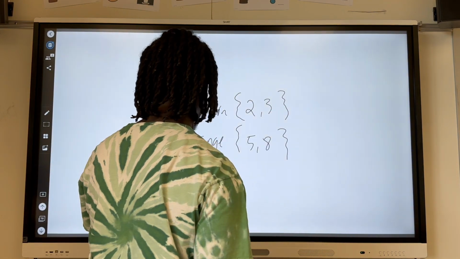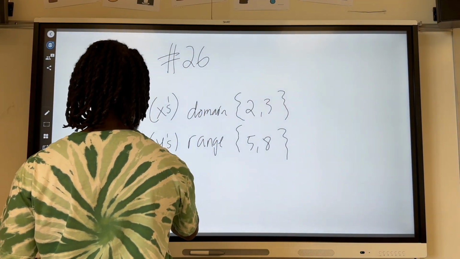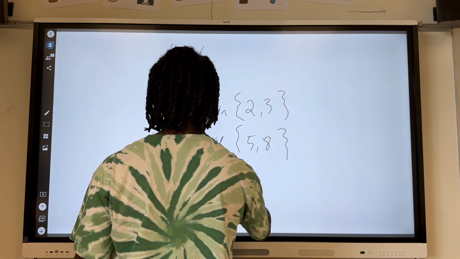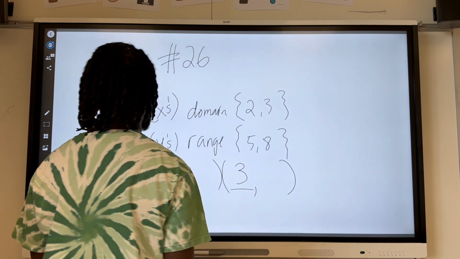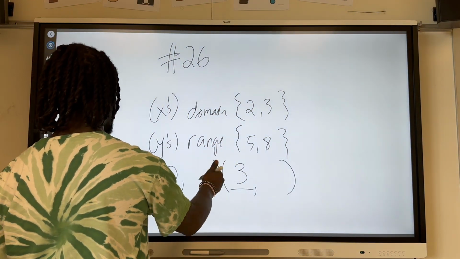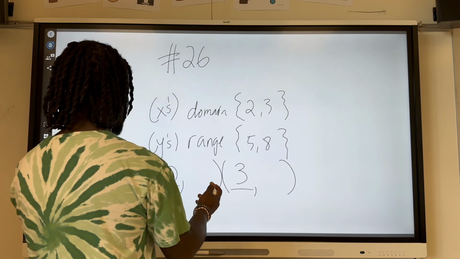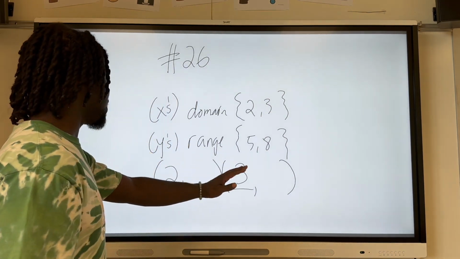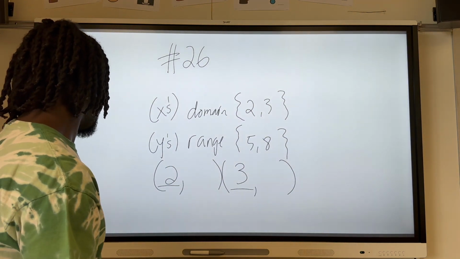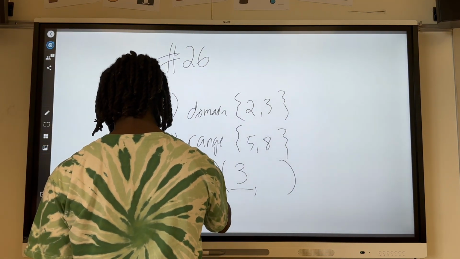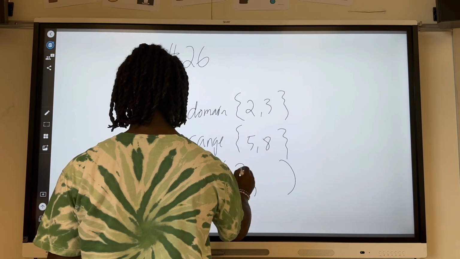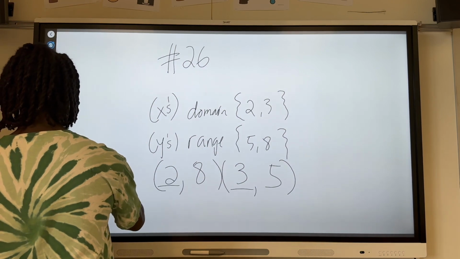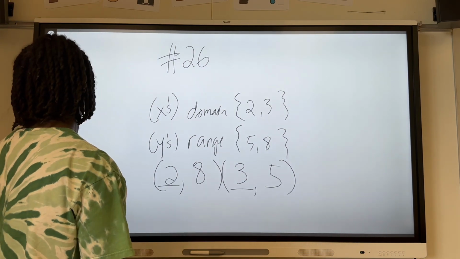So you're looking for which one has x's that are 2 and 3, and then which has y's that are 5 and 8. Okay. And again, we don't know exactly where they go, but we know the y's need to be the second one. So 8 and 5, that is answer letter C. Okay, answer letter C. All right, moving on.